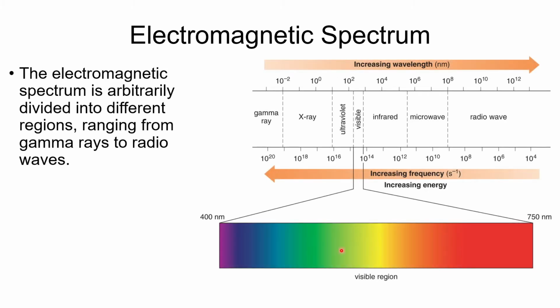There's the visible part of the spectrum, which we are familiar with, ranging from 400 nanometers to 750 nanometers. The ultraviolet, anything to the left, is going to be higher energy, higher frequency, and shorter wavelength. Ultraviolet, X-ray, and gamma radiation are all what we refer to as ionizing radiation, and these tend to be more hazardous than things over here.